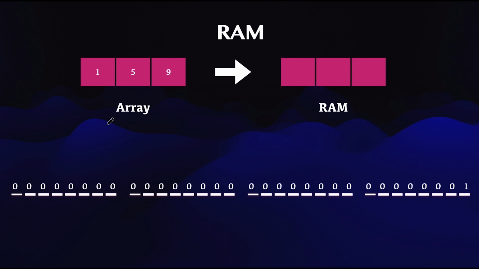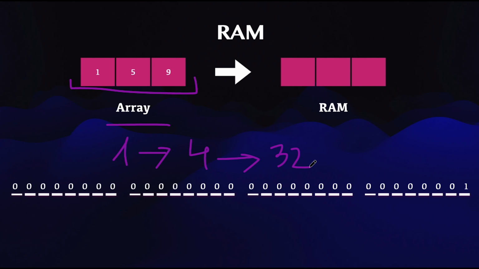Now, let's actually go back to our array. How we store it in RAM is going to be our main question. Here, we've got integers in our array, and we represent an integer not by 1 byte, but actually by 4 bytes, which means they're going to be 32 bits.